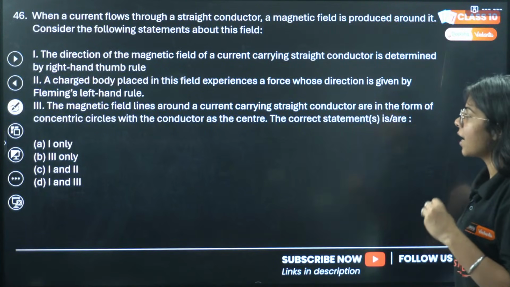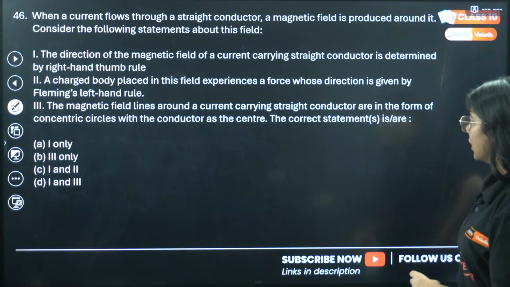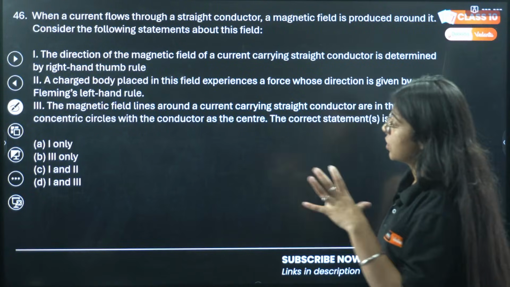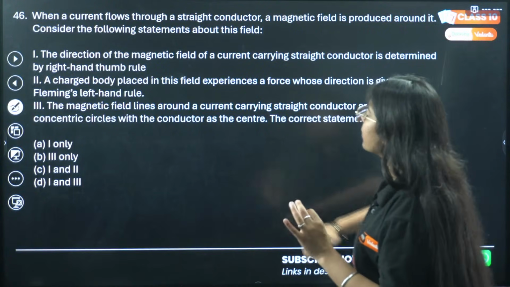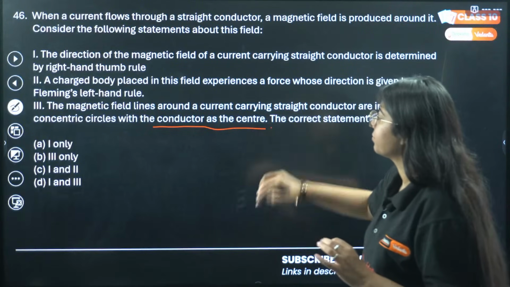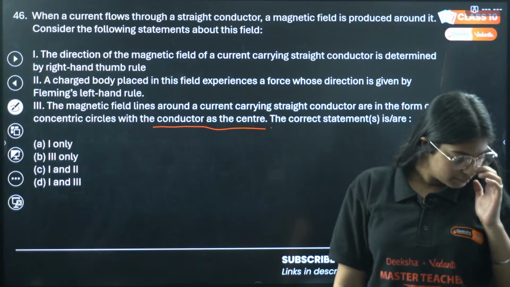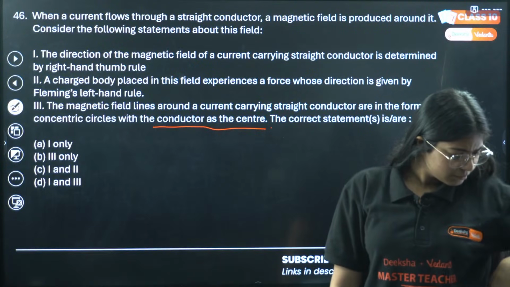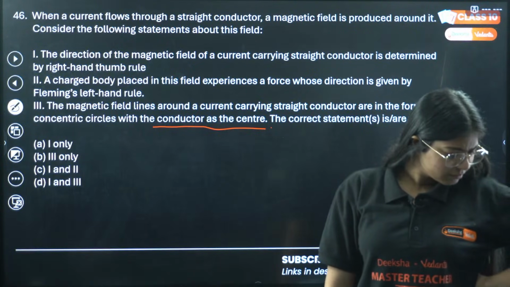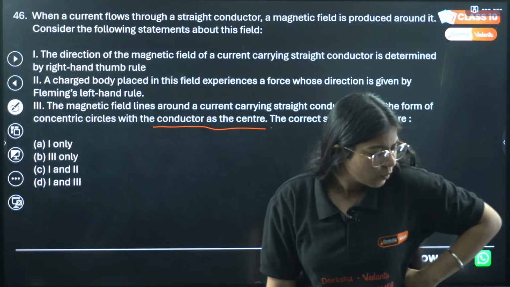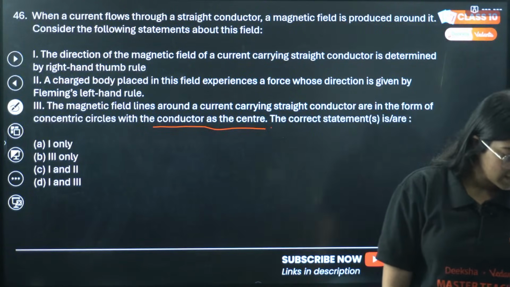Third, magnetic field lines around a current carrying straight conductor are in the form of concentric circles with the conductor as the center. I am getting the answer as D. Anyone else? First and third. Yes, okay.